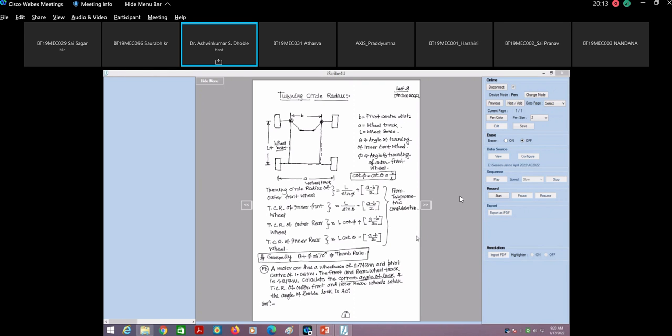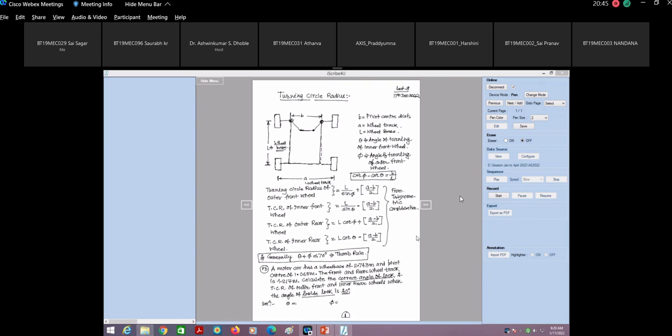And further he has asked for the turning circle radius of the outer front wheel and inner rear wheel when the angle of inside lock is 40 degrees. That means, whether he has given theta or phi, please guess what he has given.